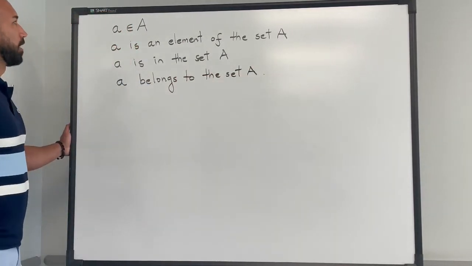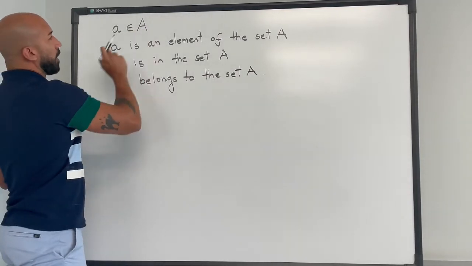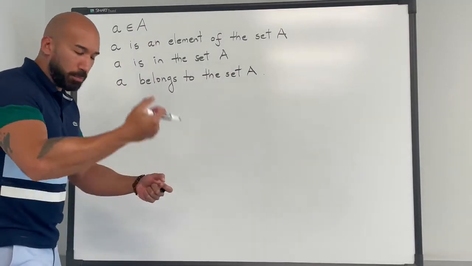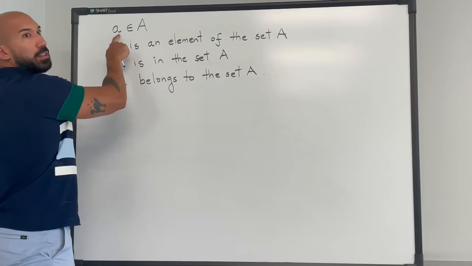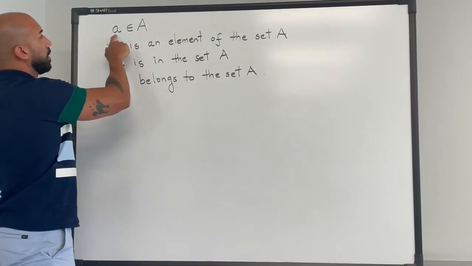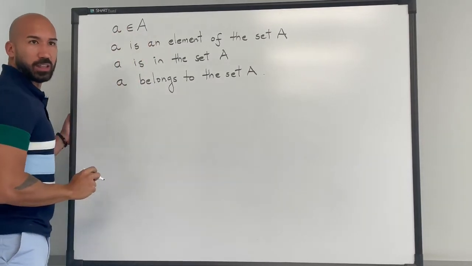If you want, you can think of A as a bag in which you have objects inside. And what we mean here is that this is one of the objects that we have inside this bag.